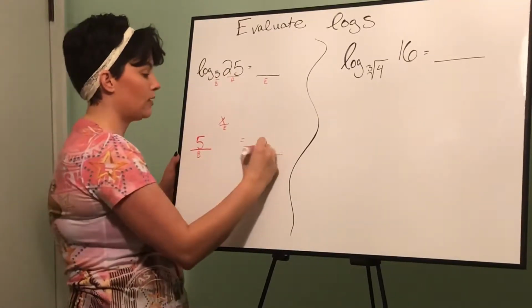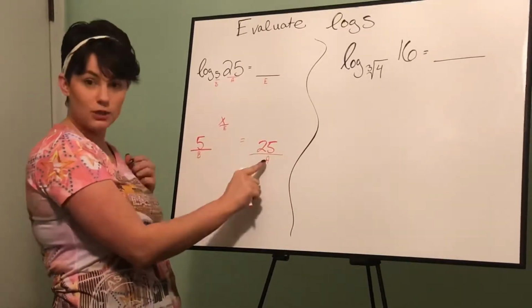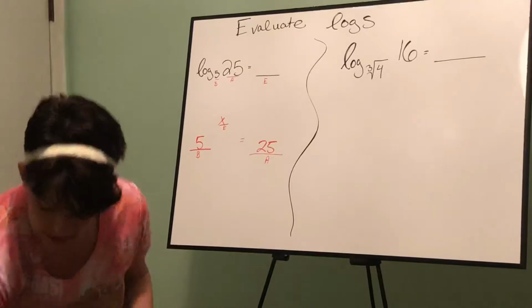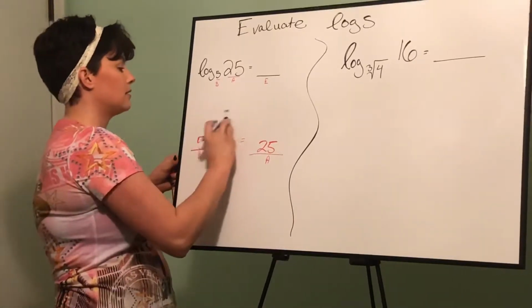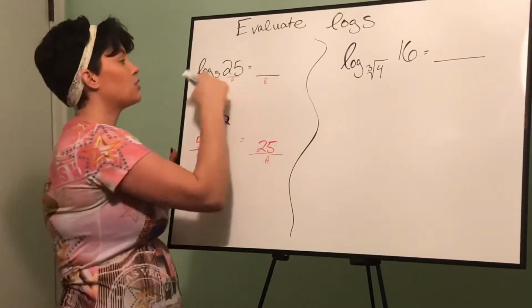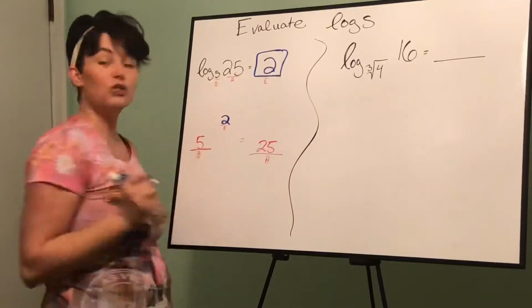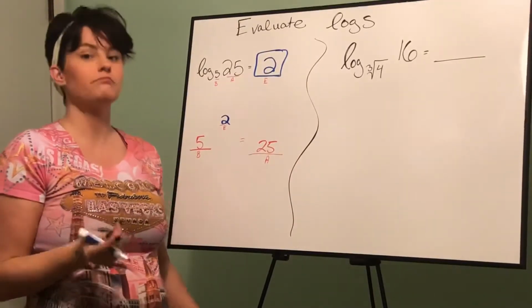Equals, and then your answer 25. And that might help you, because then you can say, oh, 5 to what makes 25? And clearly the answer to that is 2. 5 squared makes 25. And so log 5 of 25 equals 2, and your answer is 2.